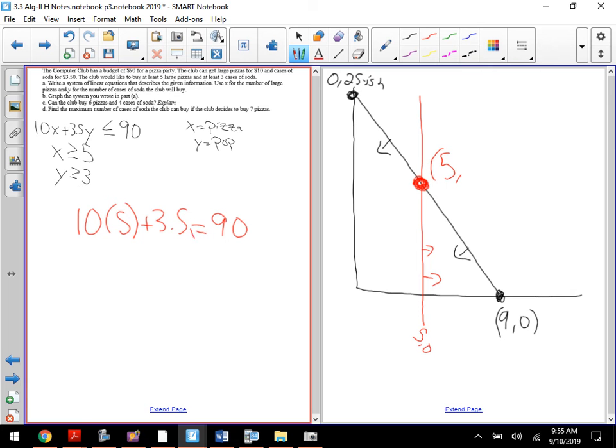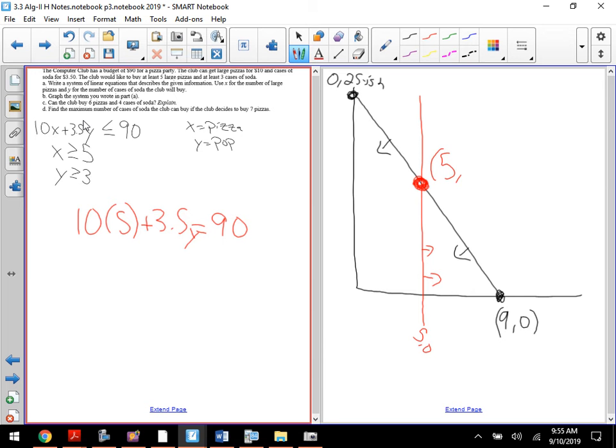Oh, it's supposed to be a Y here. When you do this style, guys, when you're trying to figure out where things intersect one another, you're going to disregard the symbols of the inequalities when you're doing the algebra for the intersections. Treat it just like any other system of equations.